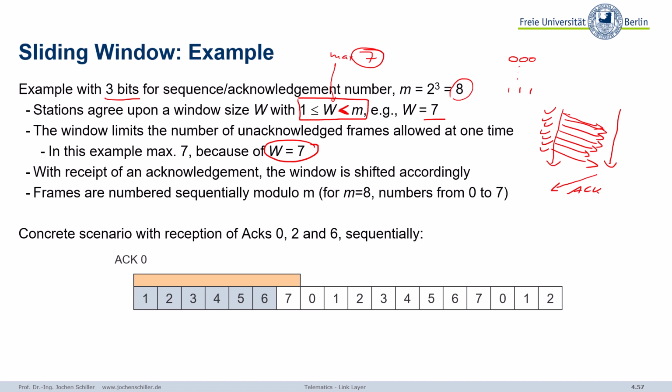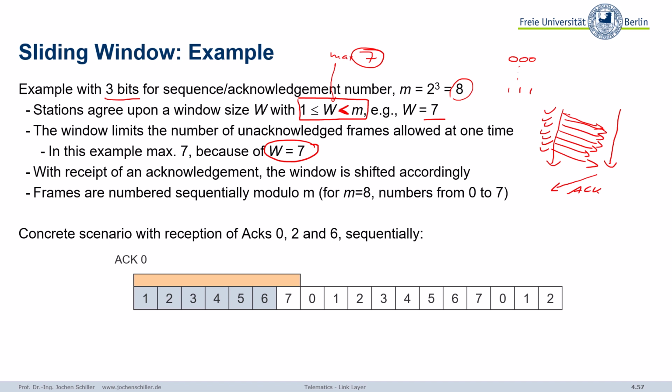And this is why it's called sliding window, because the window still has the size 7, as you can see, but I slide it. The window tells me how many packets can be unacknowledged, and you see here, we have right now only 6.